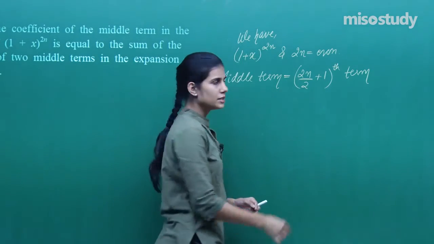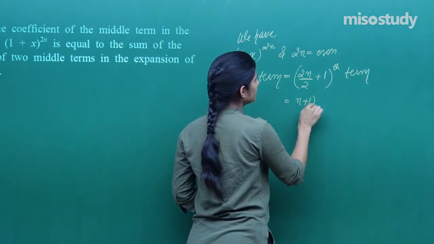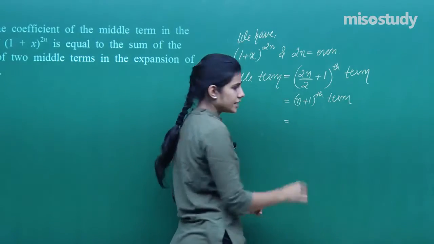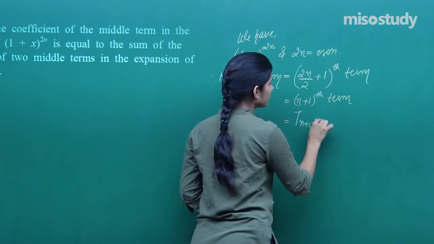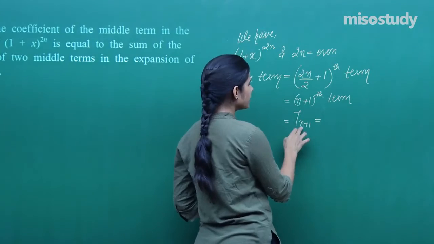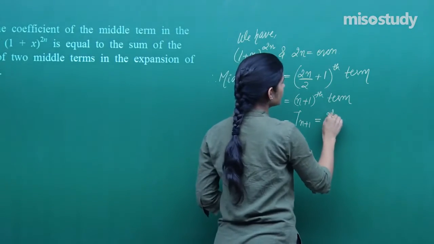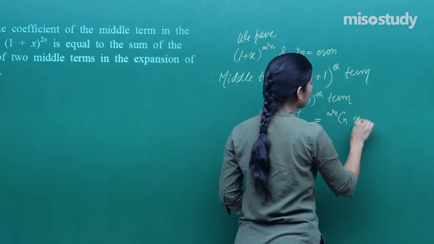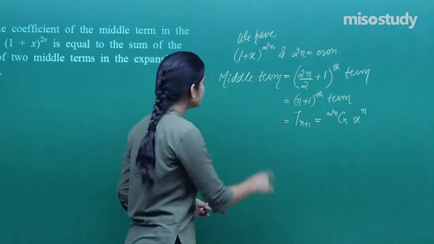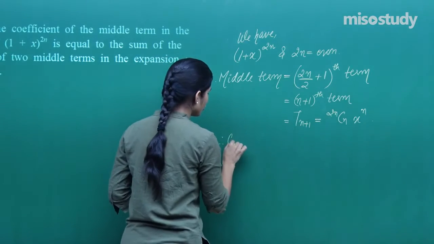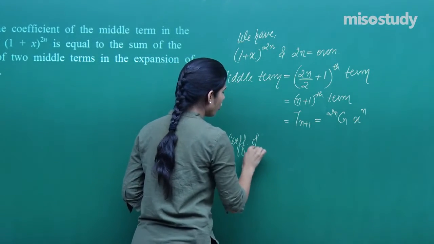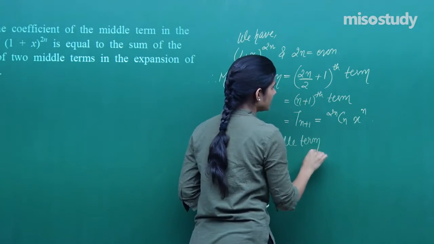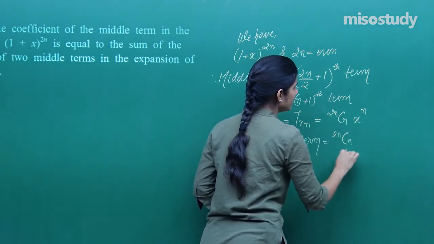This is the middle term, that is the n plus 1th term, that is Tn plus 1. What is the n plus 1th term? r is equal to n over here. This is 2n Cn, 1 to the power 2n minus n, x to the power n. If this is your middle term, the coefficient of the middle term is coming out to be 2n Cn.